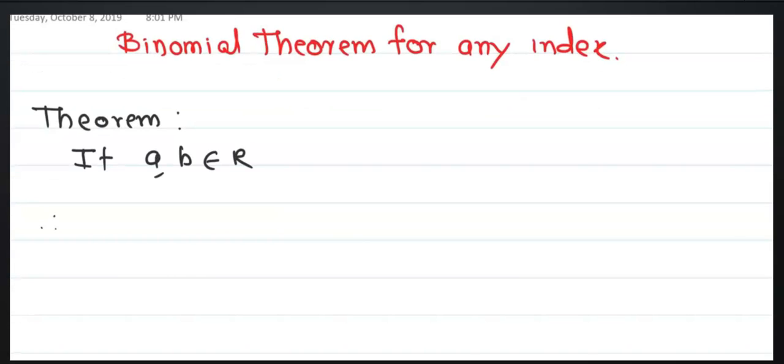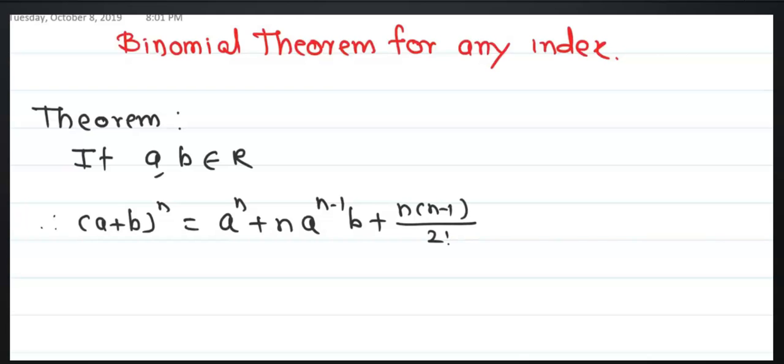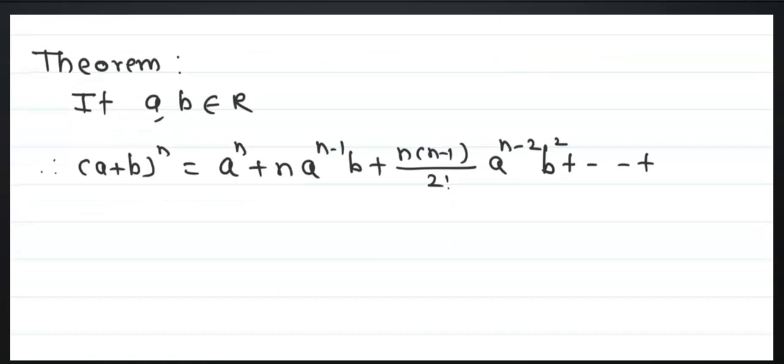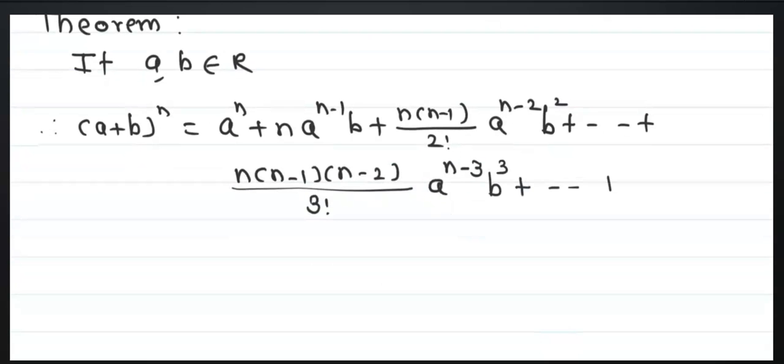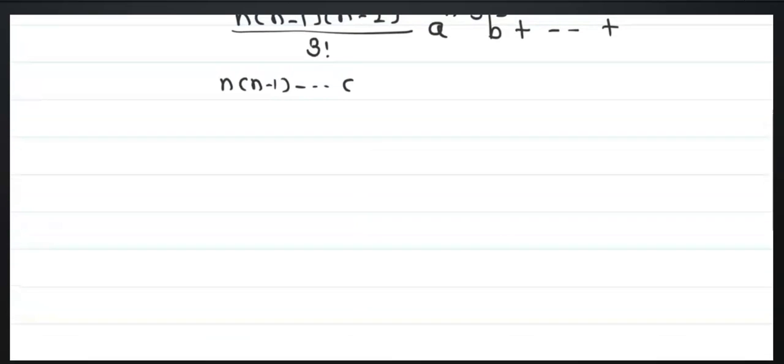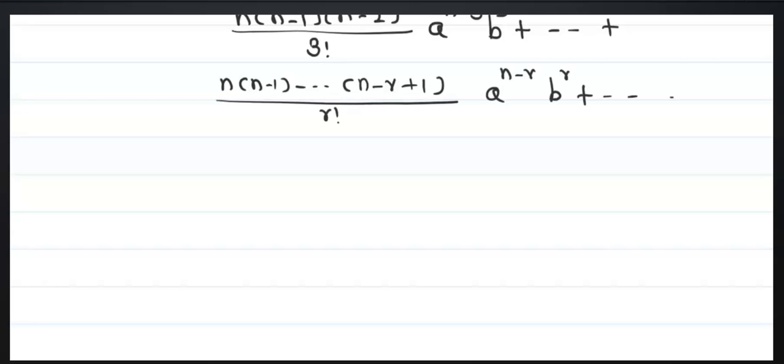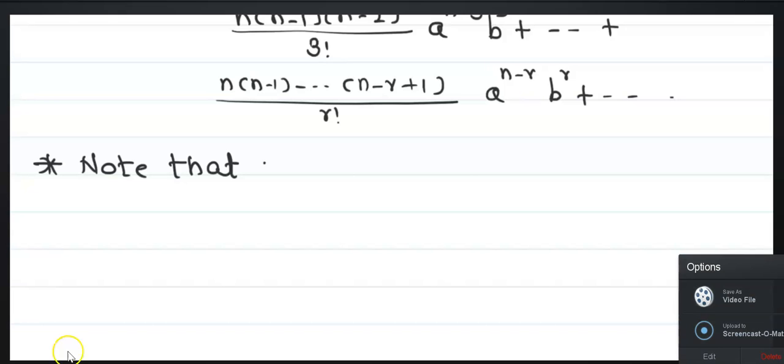If a and b are real numbers, (a plus b) raised to n is equal to a raised to n plus n into a raised to n minus 1 into b plus n into n minus 1 upon 2 factorial a raised to n minus 2 b square plus n into n minus 1 into n minus 2 upon 3 factorial into a raised to n minus 3 b raised to 3, up to n into n minus 1 up to (n minus r plus 1) upon r factorial a raised to n minus r into b raised to r. This is the formula.